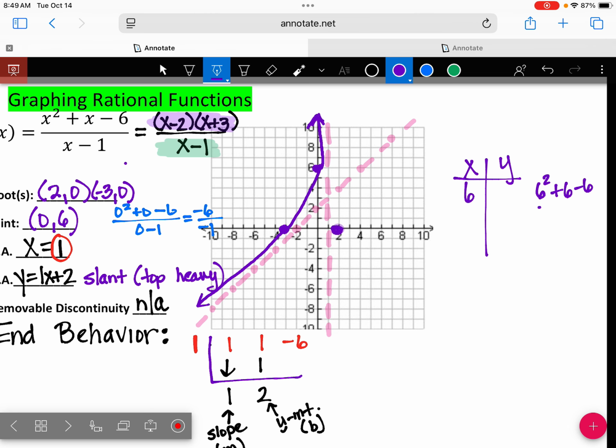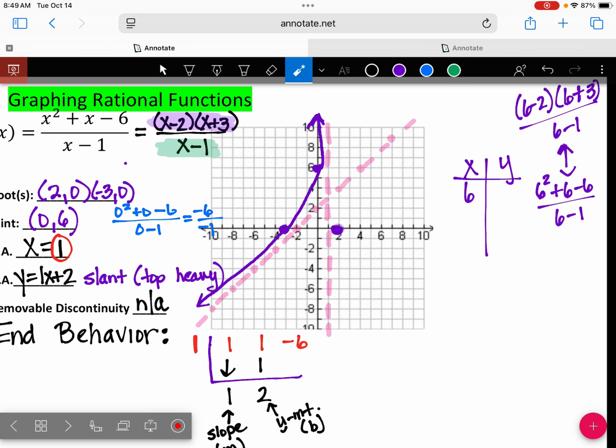You get the same thing if you did 6 minus 2 times 6 plus 3 over 6 minus 1. So you get the exact same answer. So it's really up to you. Whichever one you want to work with. Do you want to work with the factor form or do you want to work with the original form? Same thing, same answer.